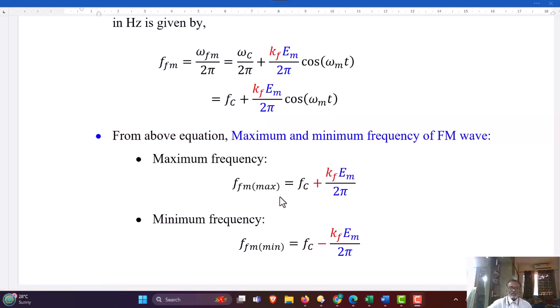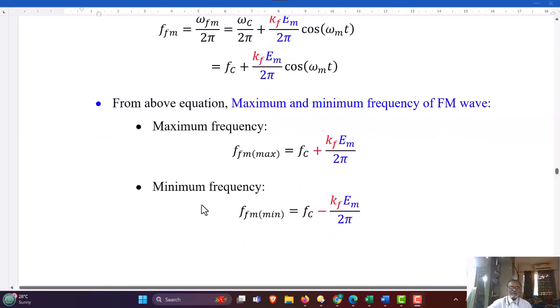So we are getting f FM max is equal to fc plus kf into Em by 2 pi. Whereas the minimum value of the frequency is obtained when cos of omega m t in the above expression is minus 1. So f of FM minimum is equal to fc minus kf into Em by 2 pi.